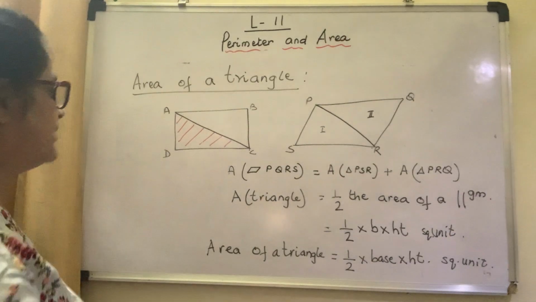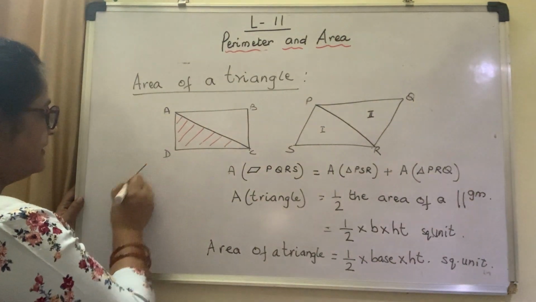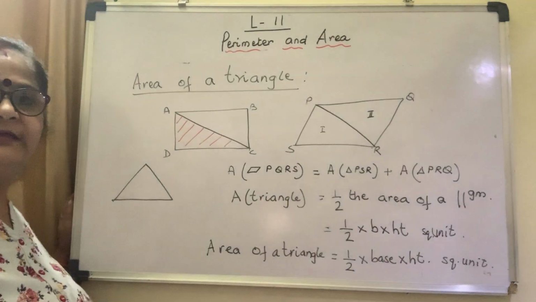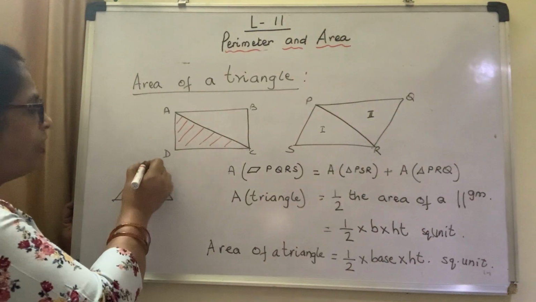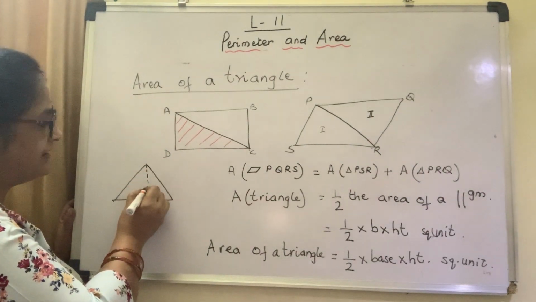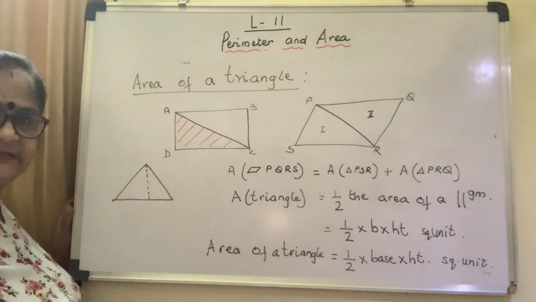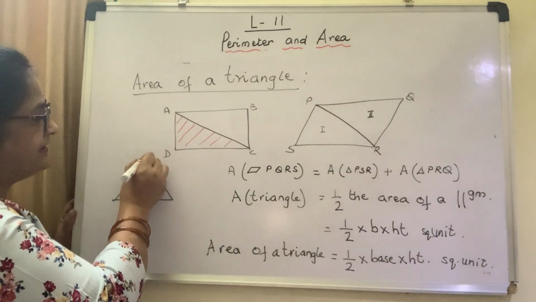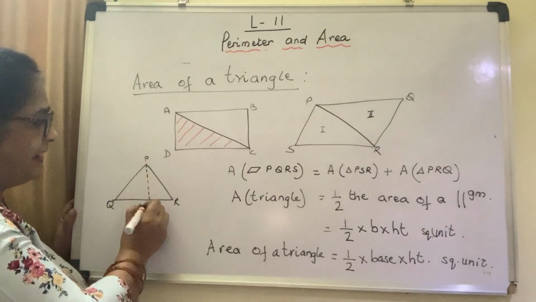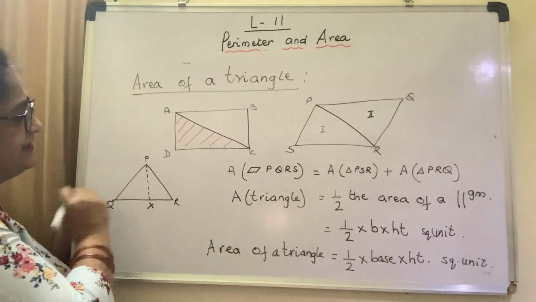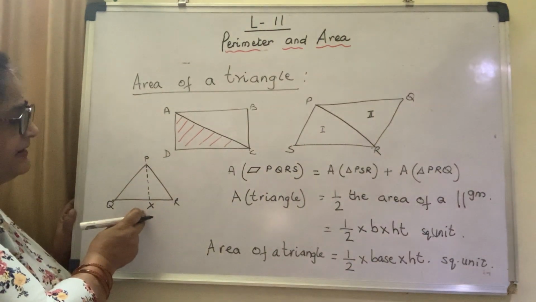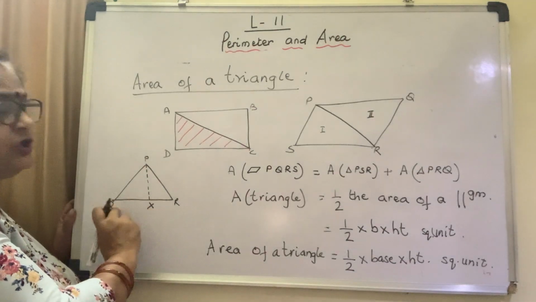The height of a triangle I'll show here. If this is a triangle, the height is the altitude of the triangle. Altitude is the perpendicular line drawn from any vertex to the opposite side. If this is triangle PQR and this is X, then PX is a perpendicular line drawn on QR.